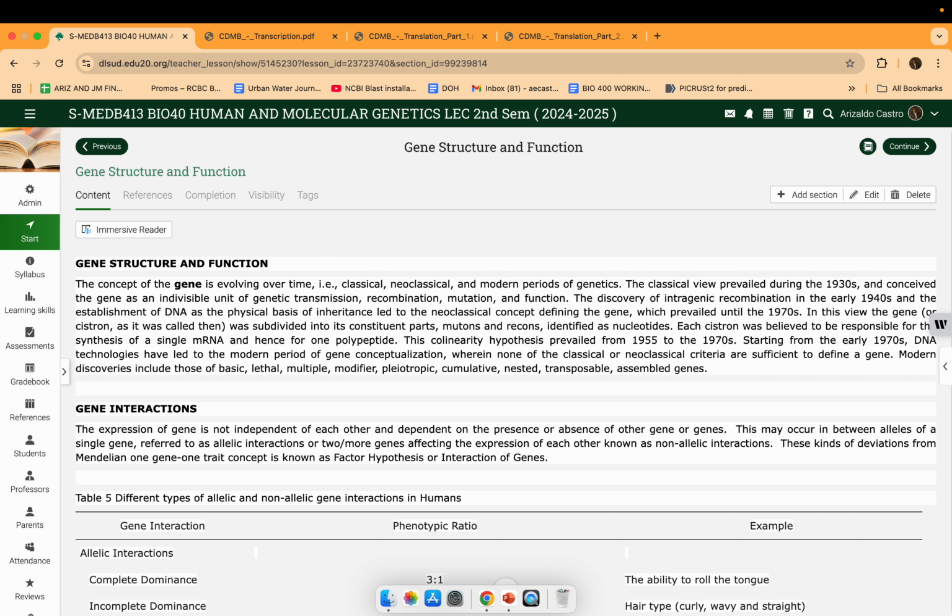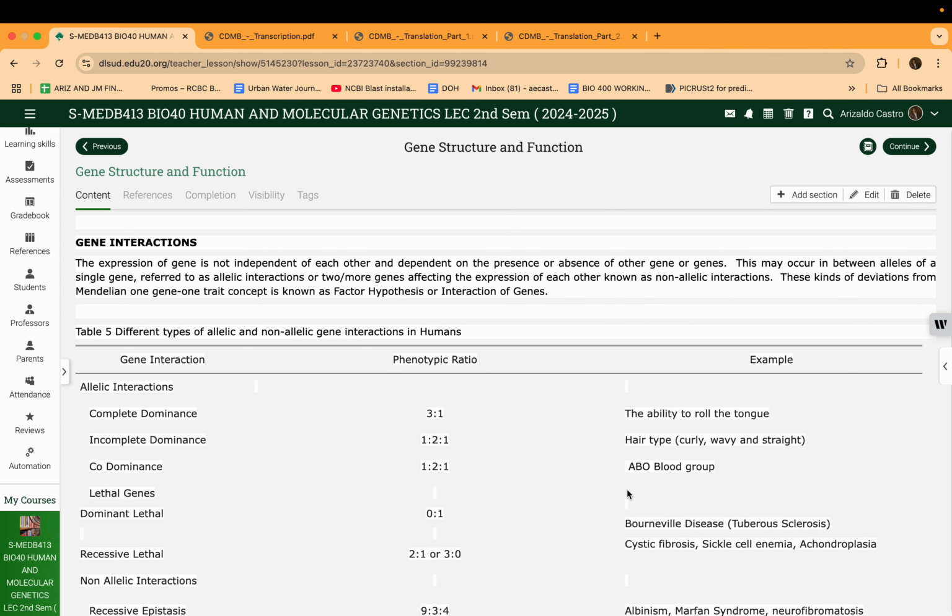We know to date, in terms of the expression of genes, that genes may interact with other genes, and this interaction actually affects how they are finally transcribed and translated.